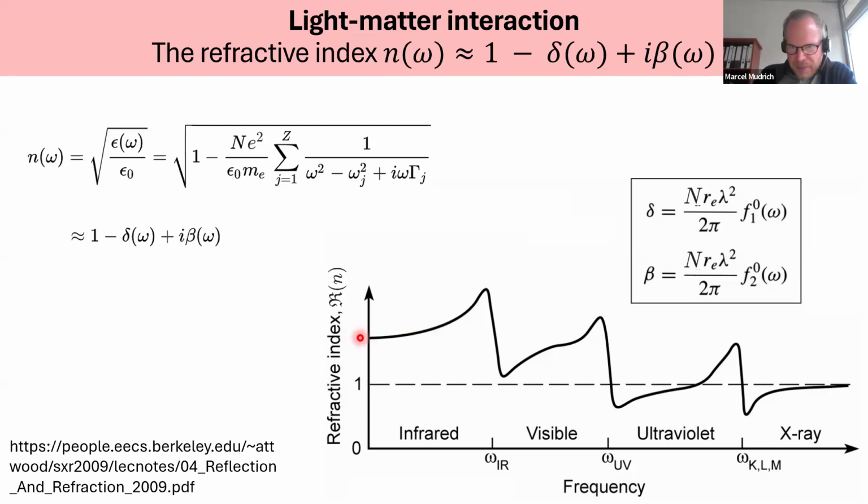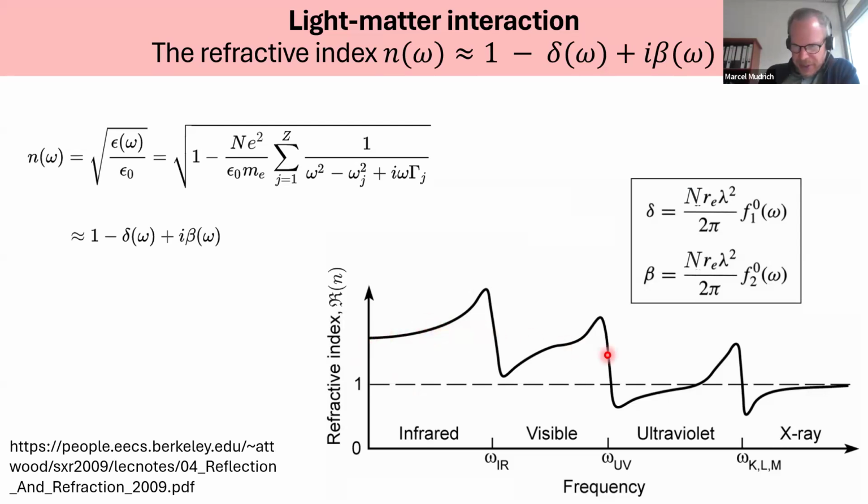Maybe the main trend is that the index of refraction drops. In the infrared, that would be tens of micron wavelength, we can easily have quite a large index of refraction, which also means that in the infrared it's easy to refract light, to make mirrors, to build lenses. Refraction is very efficient in the infrared.